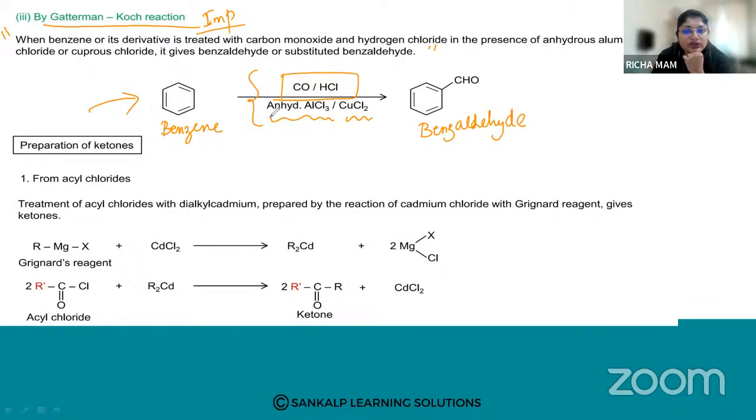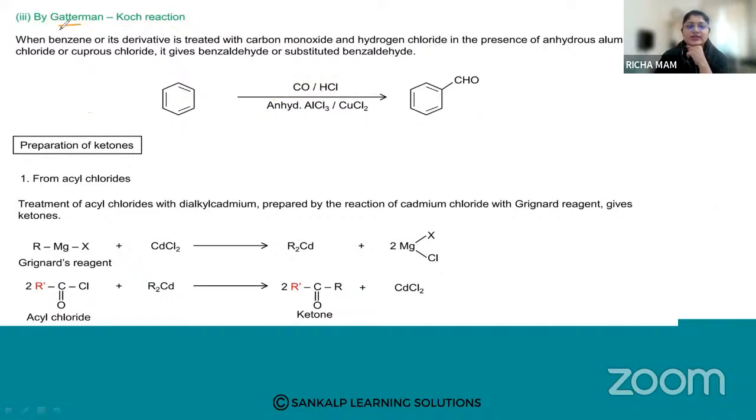You have to take benzene, write the name benzene, carbon monoxide in the presence of HCl, anhydrous AlCl3 and cuprous chloride will give you benzaldehyde. So like this, it should be mentioned. Is it clear? So this is another named reaction called the Gattermann-Koch reaction, with carbon monoxide and HCl.